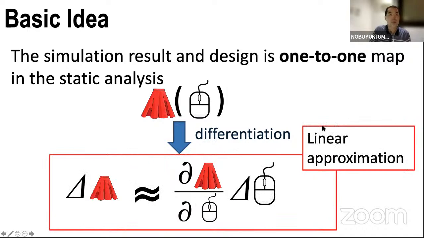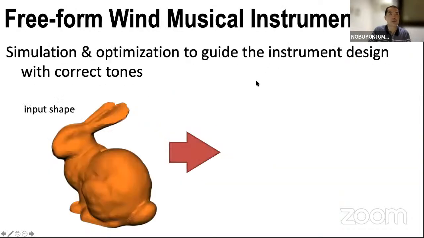With this linear approximation, we can approximate the deformation linearly with mouse position, and from this we can start a nonlinear iteration to refine the result. That's the basic idea to achieve real-time interaction for this very challenging physics.